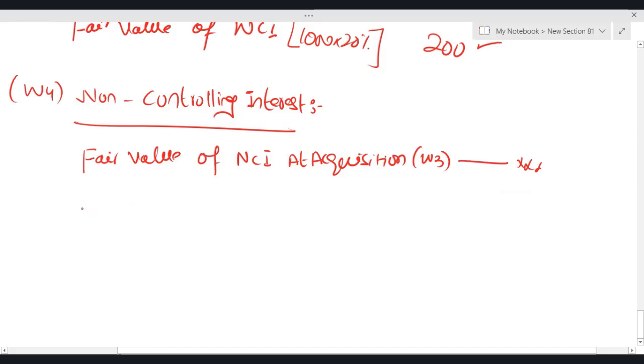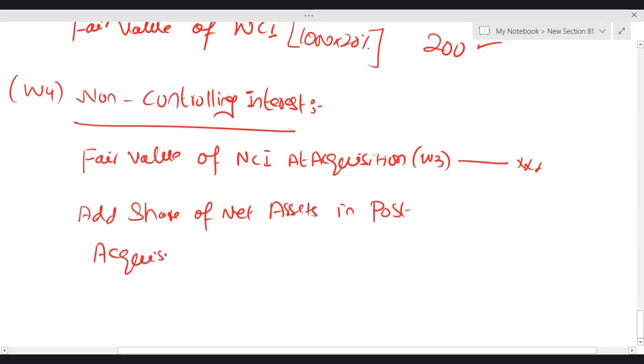So simply add share of net assets in post acquisition. Now, from where are we going to get this? Let me show you. Go back to working 2.